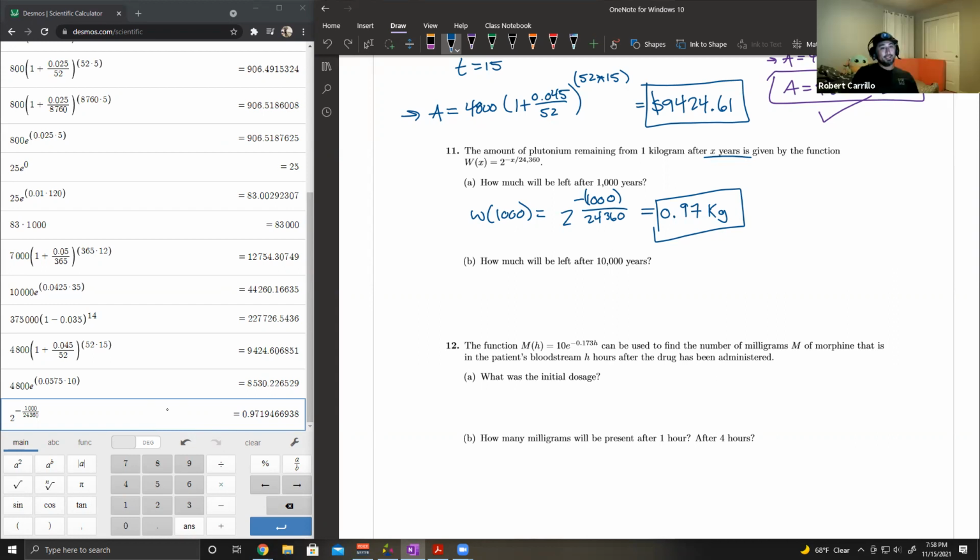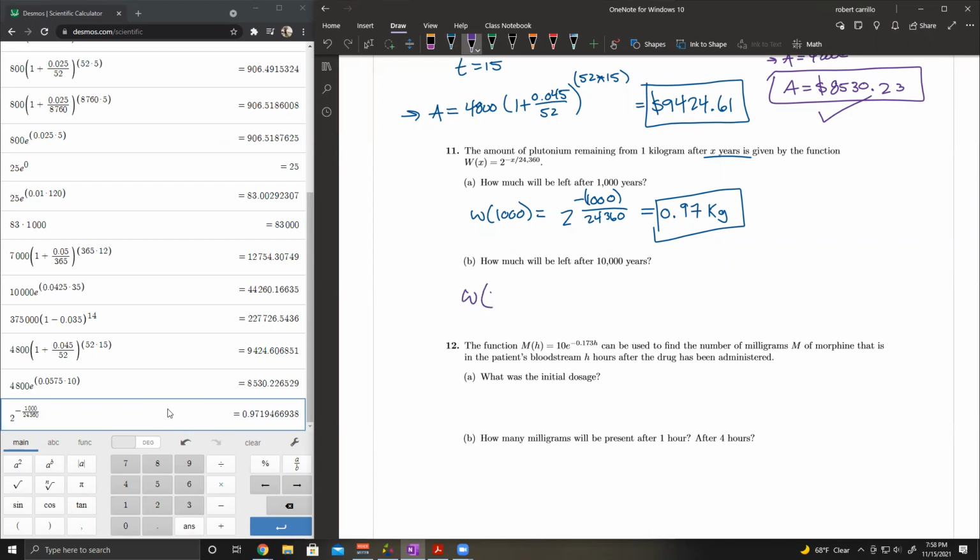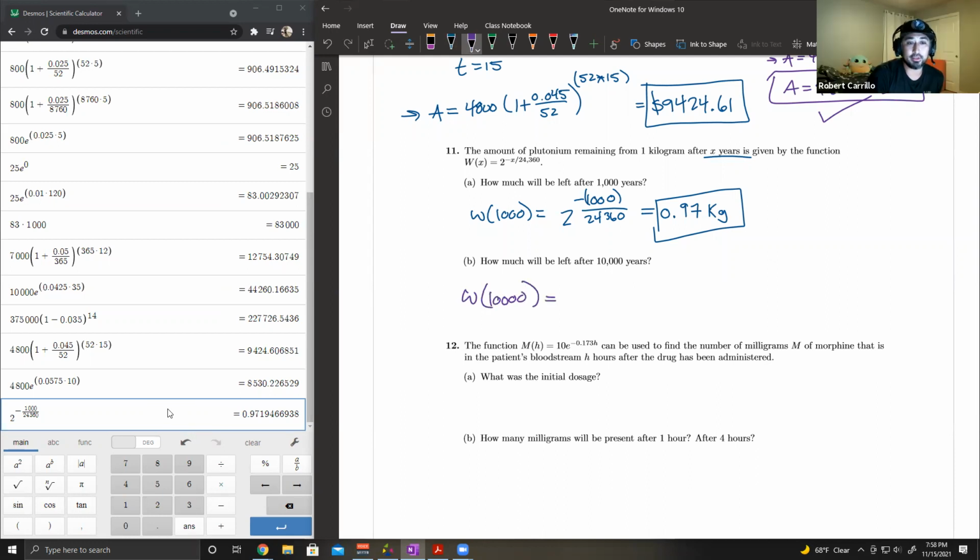Okay. So next is after 10,000 years. So again, you'll plug in 10,000 for what? X. So you have W of 10,000 equal to 2 to the negative 10,000 over 24,360.